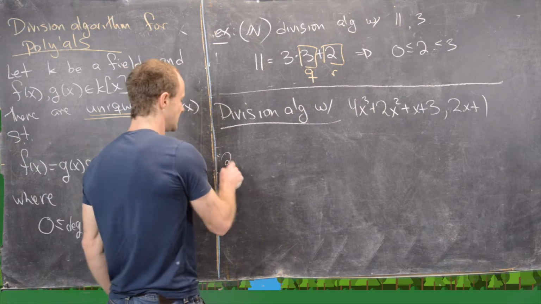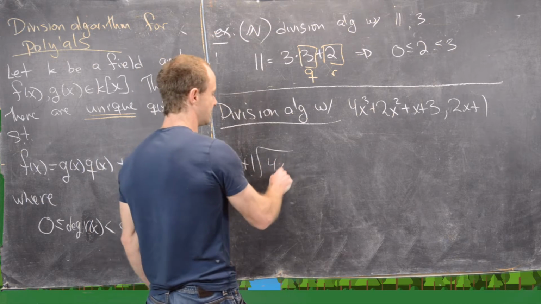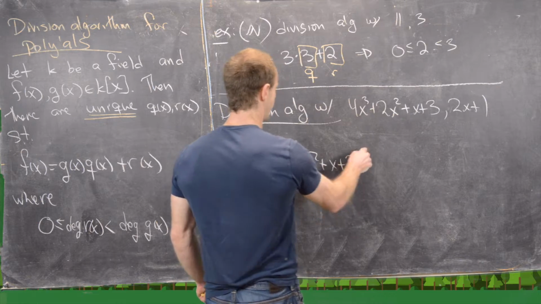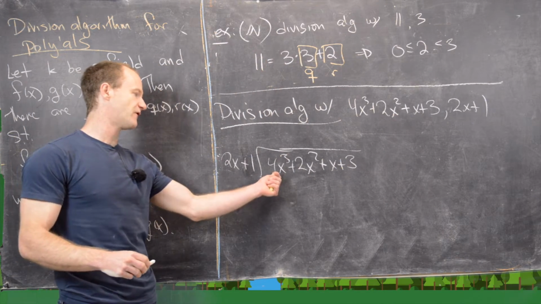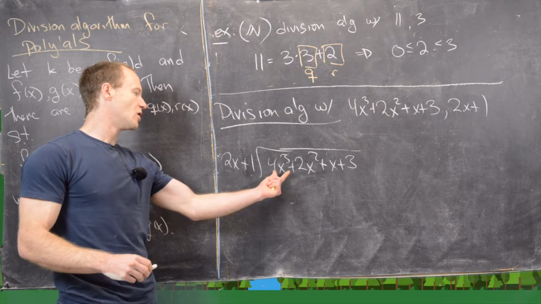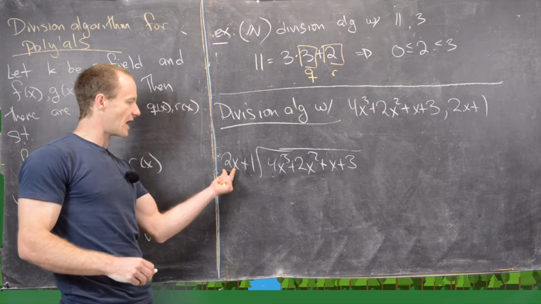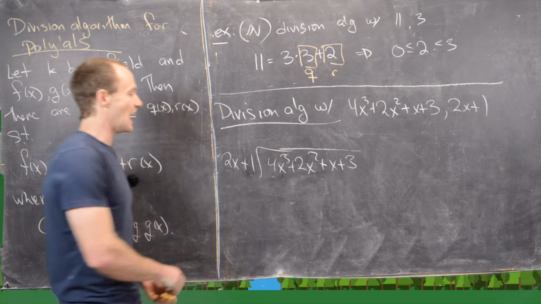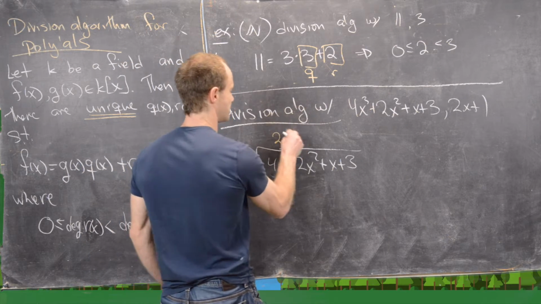So we need to do 2x plus 1 dividing into 4x cubed plus 2x squared plus x plus 3. Now we need to look at the leading coefficient here, 4. We want to say, what do I need to multiply 2x plus 1 by so that this 2x term turns into a 4x cubed term? And that is going to be 2x squared.